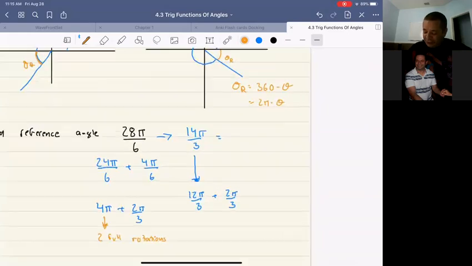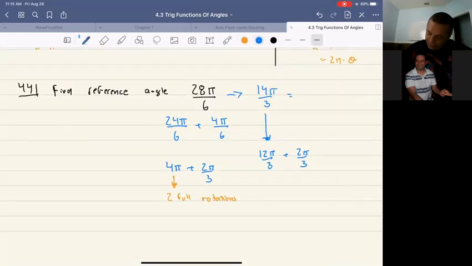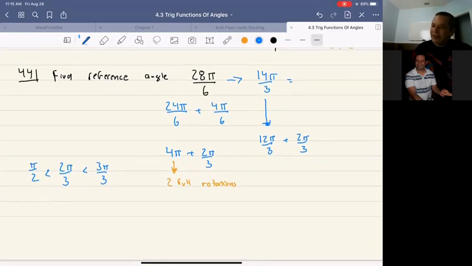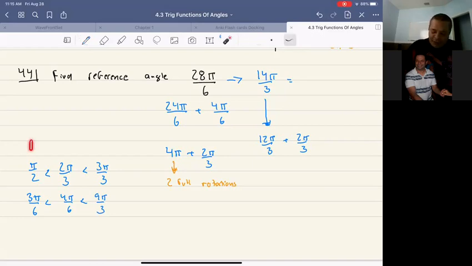One of the ways to think about it is 2 pi over 3 is less than 3 pi over 3 and bigger than pi over 2. Let's make it 6 now. So 3 pi over 6, maybe that's why they use 6. I don't know. But pi over 2 and pi are the boundaries for the second quadrant.